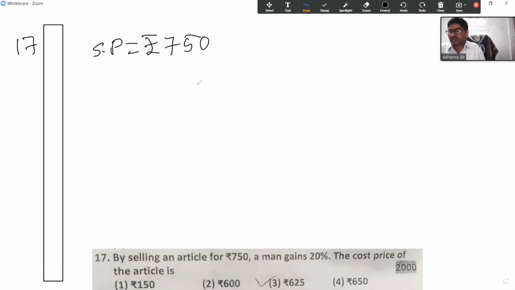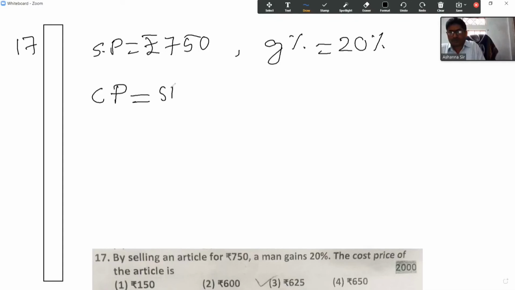The cost price of the article is? If we know selling price and gain percentage, we can find cost price using this formula. Cost price is equal to selling price into 100 by 100 plus gain percentage or profit percentage. So this is the formula.